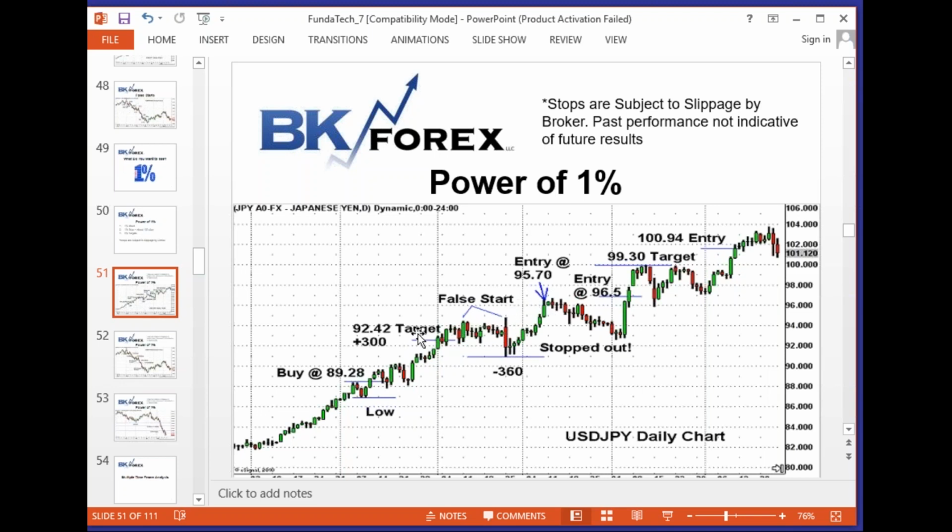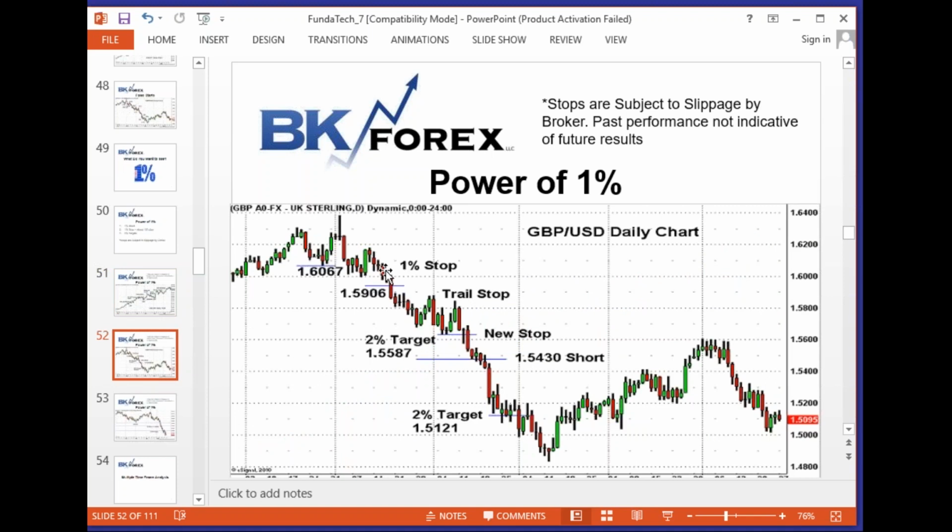A 1% breakout above 92.42 would be 95.70. So that's where you could use the power of 1%. The point I want to make is that you want to look for a 1% break of a previous low. If you see a 1% break of a previous low, that's when you could potentially have a real move versus a false start.